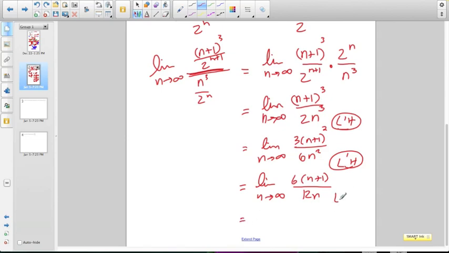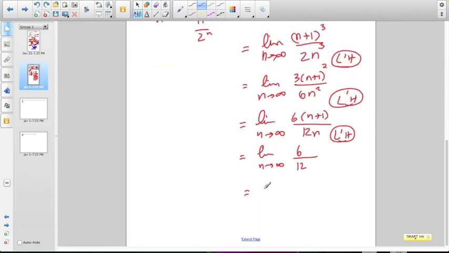Then L'Hopital's just one more time, or we could divide by the highest power of n at any time you feel like expanding that numerator. So here would be 6 times the derivative of the inside, which is just 1. Derivative of 12n is just 12. So we get a value of 1/2.